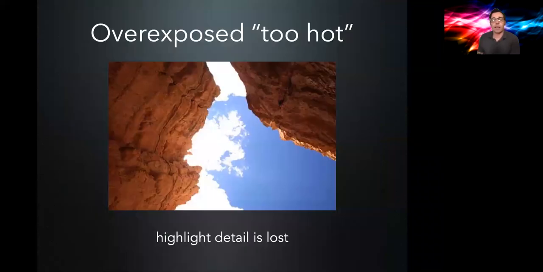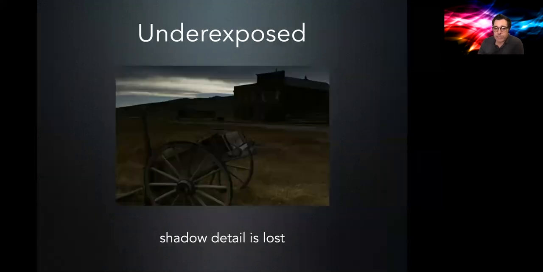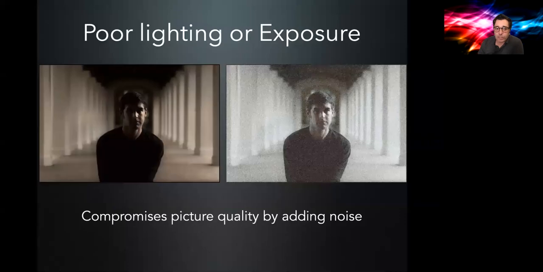When something is overexposed, that means that the highlight detail is lost. When something is underexposed, you could be losing shadow detail. You can see there's really no shadow detail here. So poor lighting or exposure compromises the picture quality by adding noise.